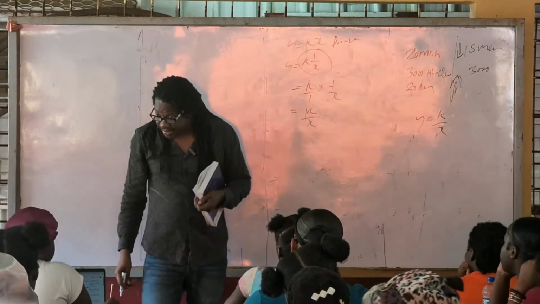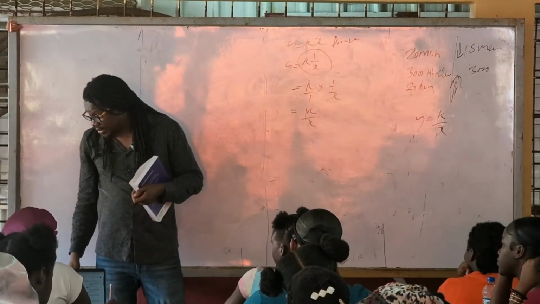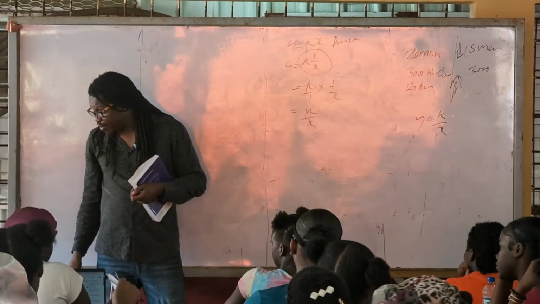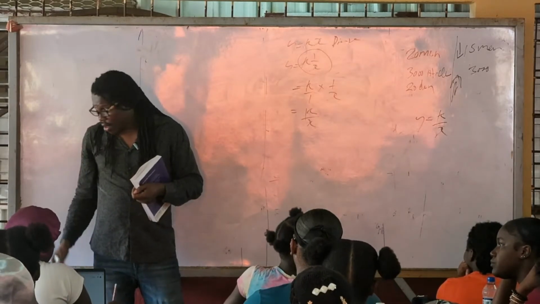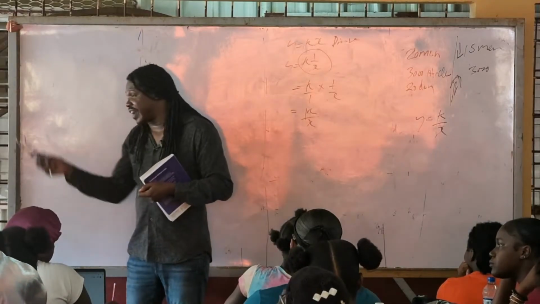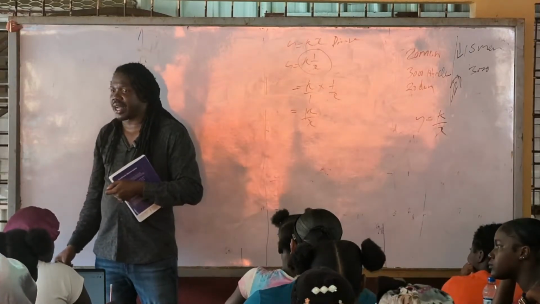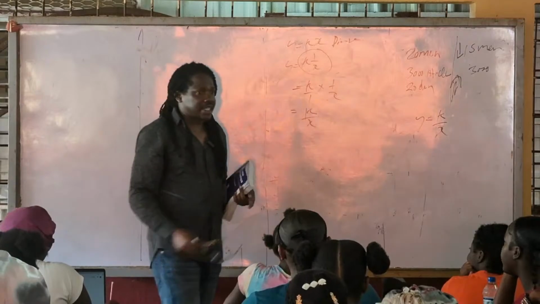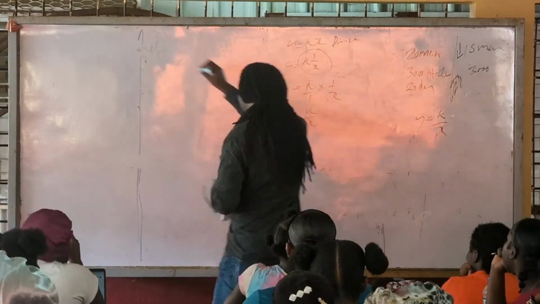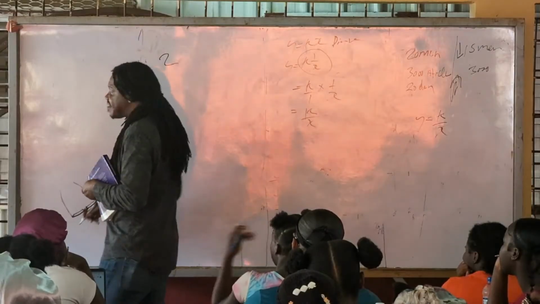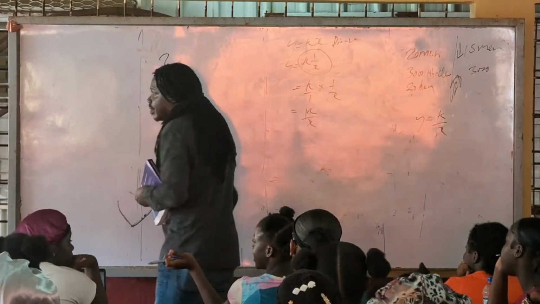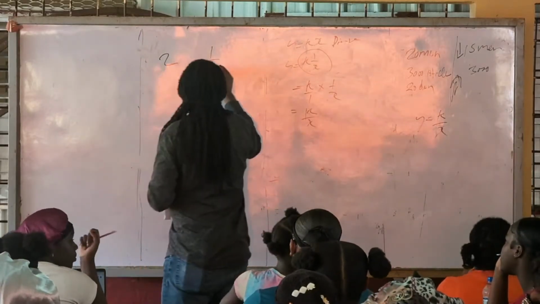Everybody understand that? Because when it is inverse, you use the reciprocal. What is the reciprocal? 1 over the number, or the opposite. What is the reciprocal of 2? Which is a half. What is the reciprocal of 9? What is the reciprocal of 1/9?